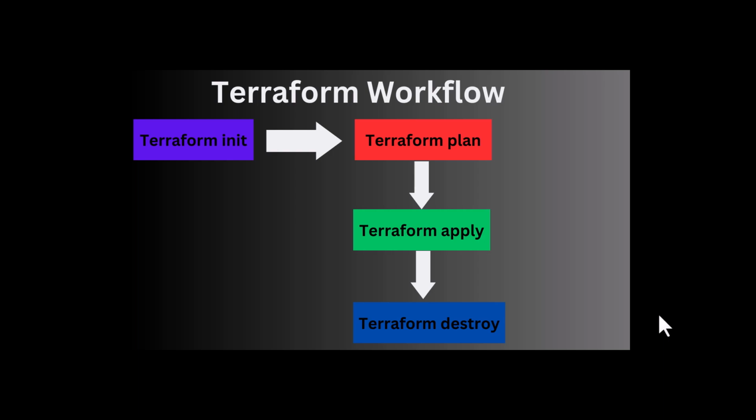After that, we have terraform apply. With terraform apply, we can create the resources that we define through any provider. And at last, we have terraform destroy, which we can use to destroy the infrastructure that we created.